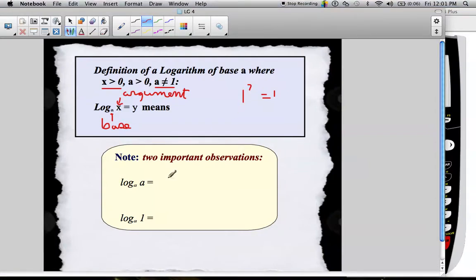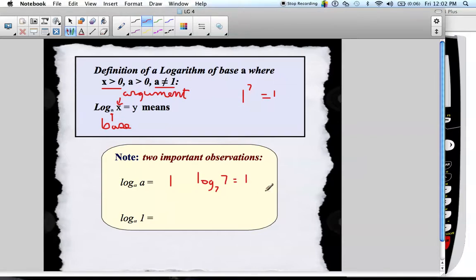Now let's look at these two very important observations. When you have a log of a base that matches the argument, see how the base and the argument are equal to each other, the answer is always 1. So here's an example. If I gave you log base 7 of the argument 7, and I said evaluate, well, that's easy.